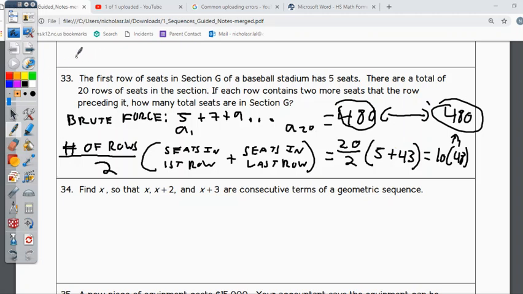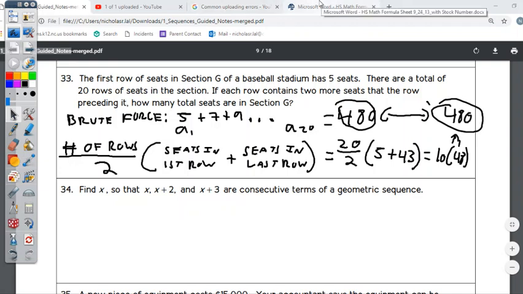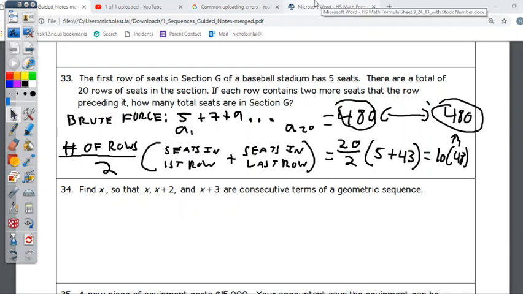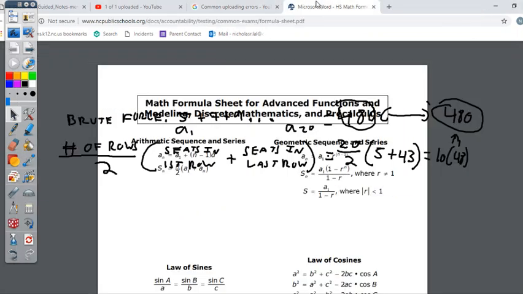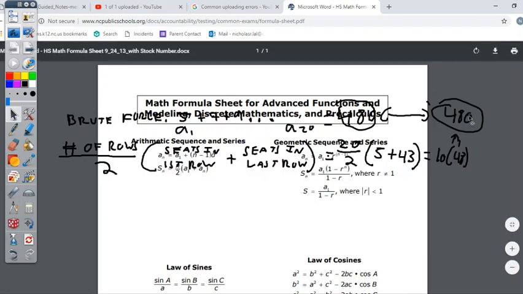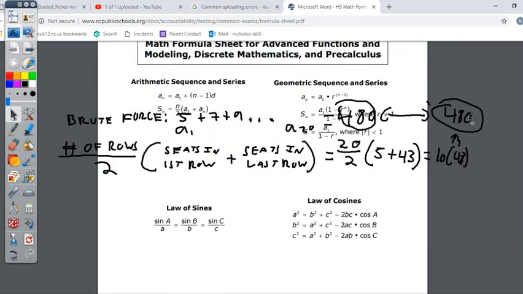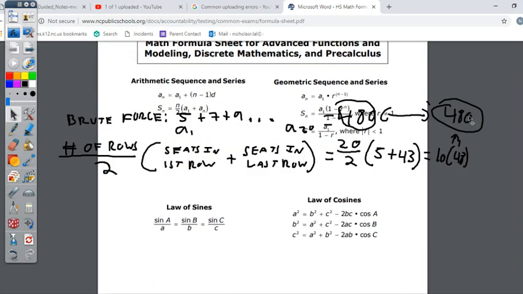So we could use an explicit rule to find A20. So AN, all right, and actually, on your pre-calculus formula sheet that you get in the final exam, you will get some explicit formulas. So AN is equal to A1 plus N minus 1 times D.